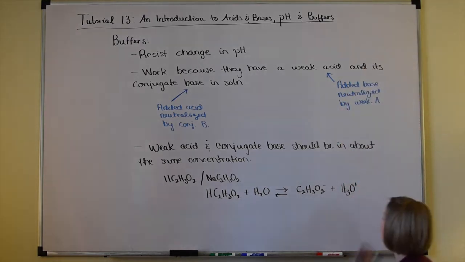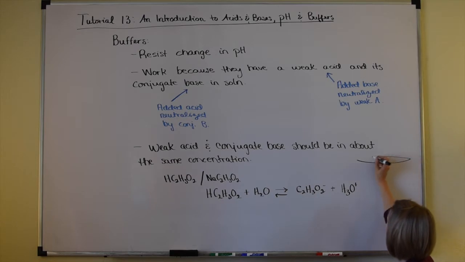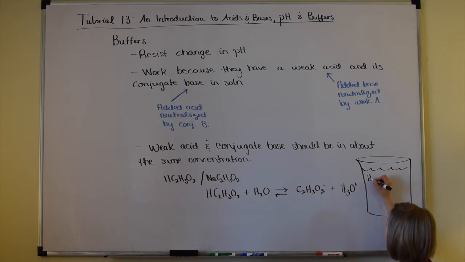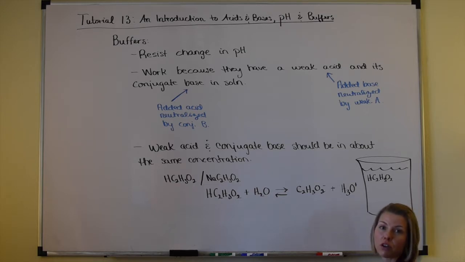So we know that in a beaker, say we're making this buffer solution in this big beaker here, we know that from the acetic acid, we would have lots of covalently bound HC2H3O2, lots of covalently bound acetic acid, and some ionized products.